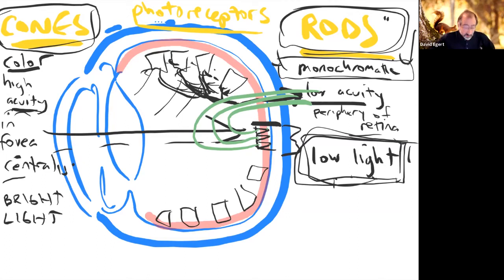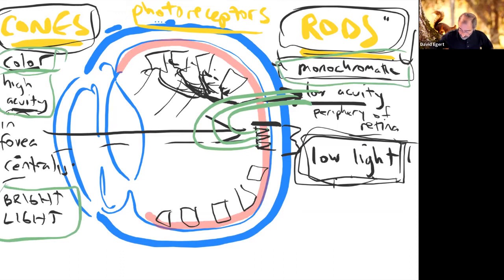So cones are going to be high acuity, but they need brighter light to function. And again, also they can detect color. Rods, monochromatic, low acuity, but they can give you visual information, even if it's very dim.